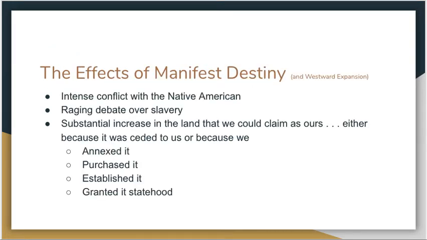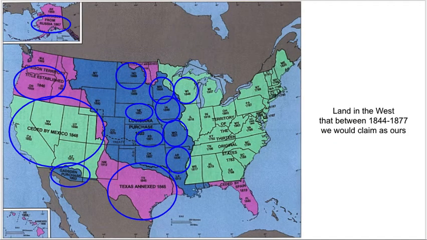And with all that said, there's just one more thing I need to do before closing out this video, and that's to explain the effects of manifest destiny and westward migration, with the three most important effects mentioned on the slide now before you, and with this slide making very clear the substantial increase in the land that we could and would claim as ours as a result of manifest destiny and westward expansion.